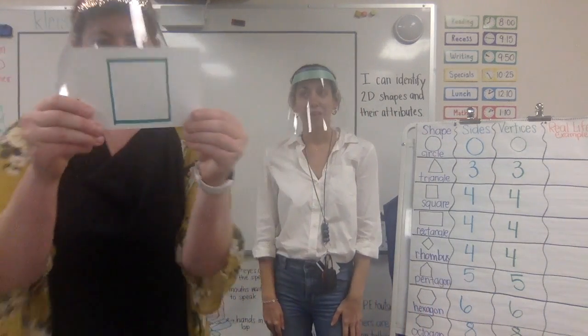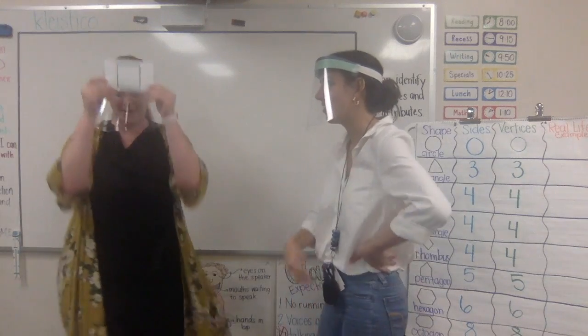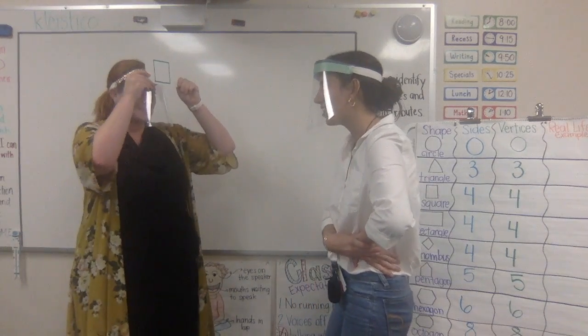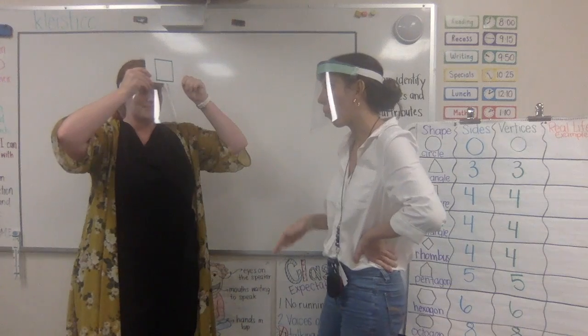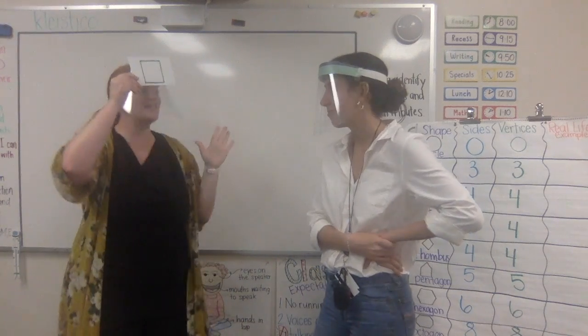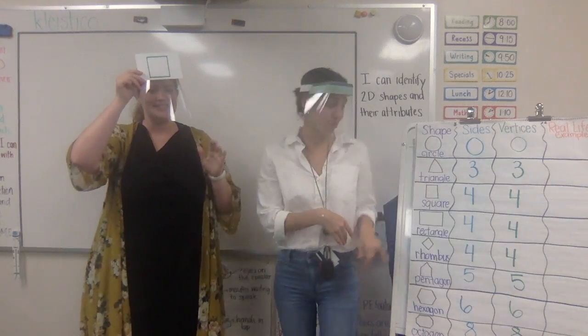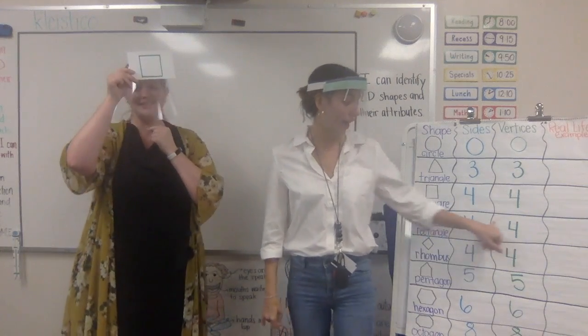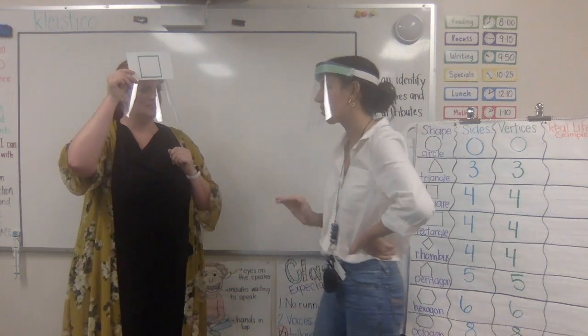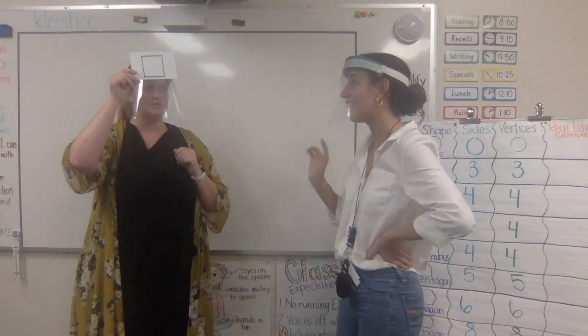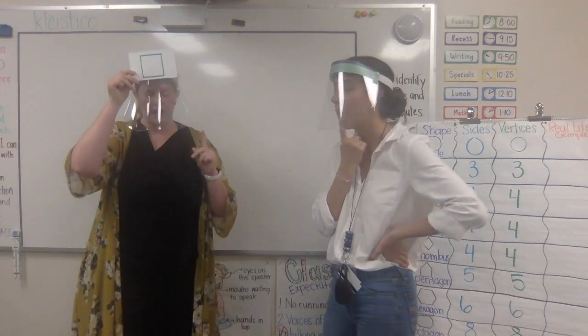Ready? You see it? I do. Okay, Miss Lime, this shape is a quadrilateral. A rectangle? Okay, so that's one of the shapes that's a quadrilateral, but this one's a different quadrilateral because it has all equal sides. Oh, okay, wait. All equal sides.